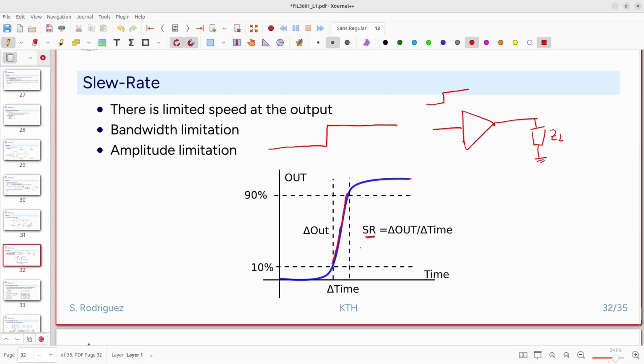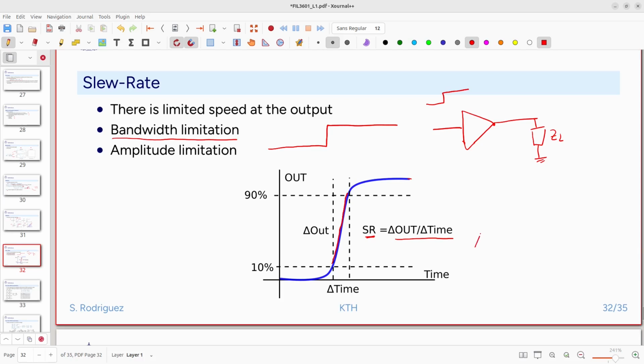It can be voltage or current, depending on how we implement the amplifier, in particular the output stage, which will be a limitation of this speed. And when we're talking about speed, we are going to talk about bandwidth limitation, because we might limit the bandwidth that can be processed.